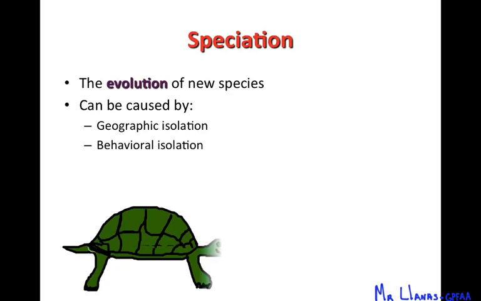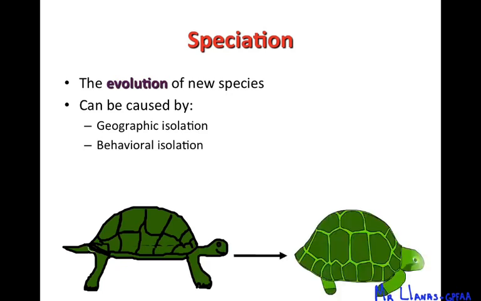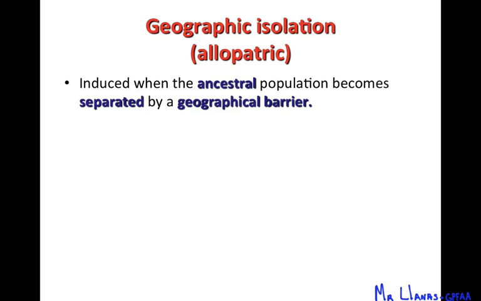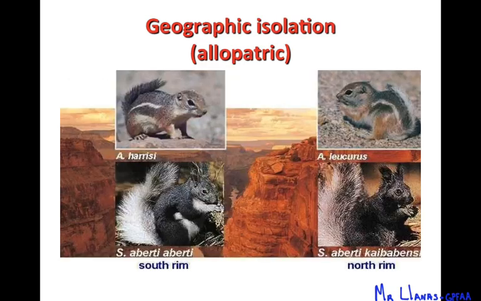Now, natural selection, of course, causes evolution, and evolution causes speciation, right? And speciation is just the formation of a new species, and this happens because of two main reasons, right? Geographic isolation and behavioral isolation. Geographic isolation is just when two organisms are separated by something physical, right? Like the Grand Canyon.